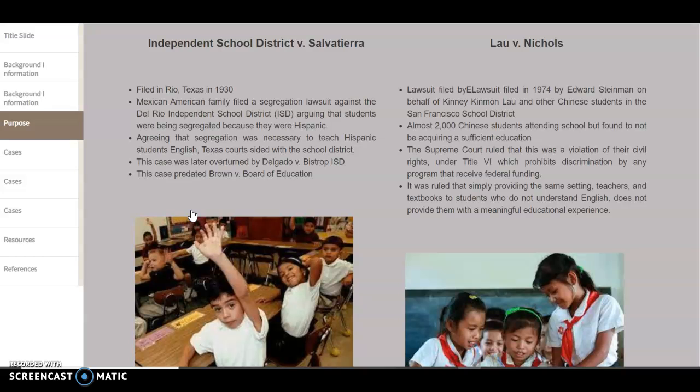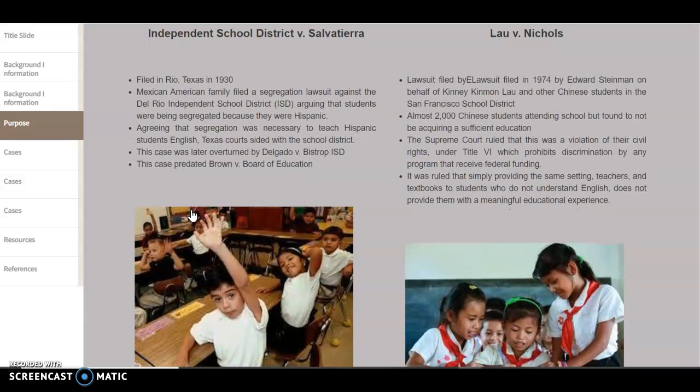So I'm going to talk about a few of the cases that have been founded on the Bilingual Education Act or have come about as a result of the act. The first one that I found that I was very interested in was the Independent School District versus the Salvatierra family, and it was filed in Del Rio, Texas in 1930.